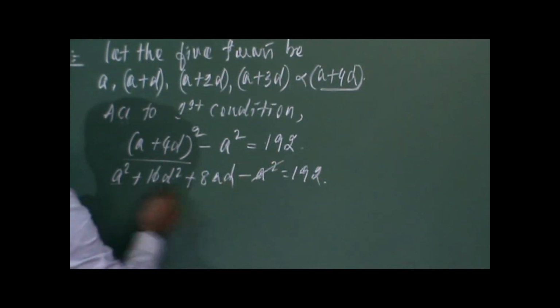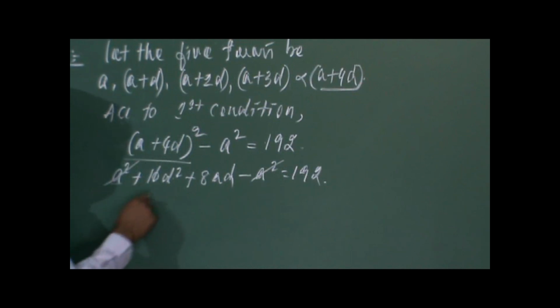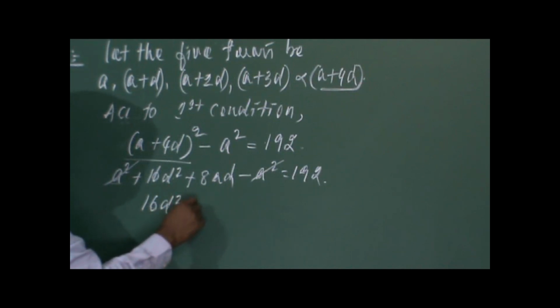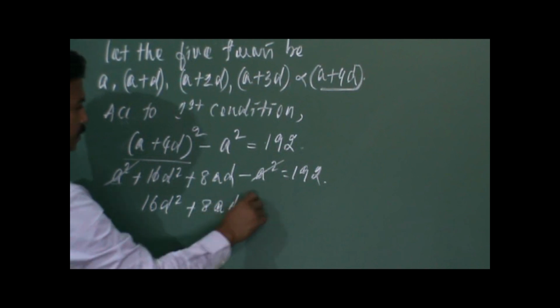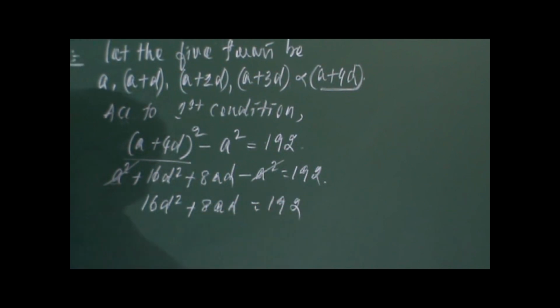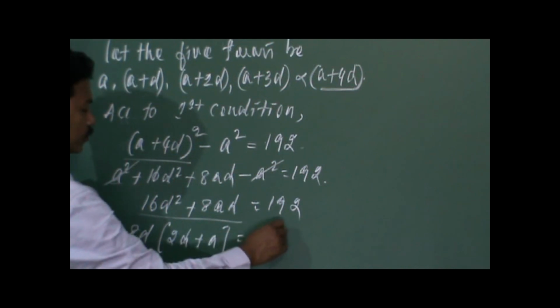So here minus A square plus A square is cancelled. So 16D square plus 8AD is equal to 192 remains. In these two terms we have 8 and D as common. So you can take 8D as common here, and you are left with 2D plus A, that is equal to 192.